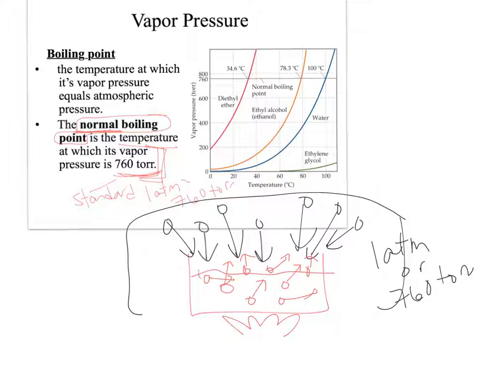So more and more of them are escaping, but they're still being prevented from escaping to a certain extent by the pressure of the air surrounding them, until you reach a point where the pressure of the molecules escaping is equal to the pressure of the air, and that's boiling, because then the pressure for escape is essentially equal to the pressure of the air that's holding them in.